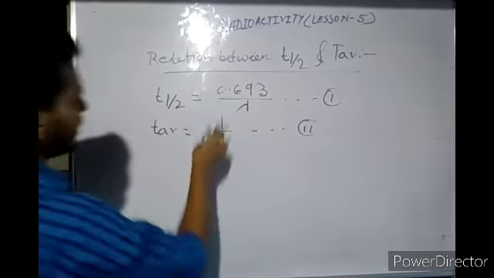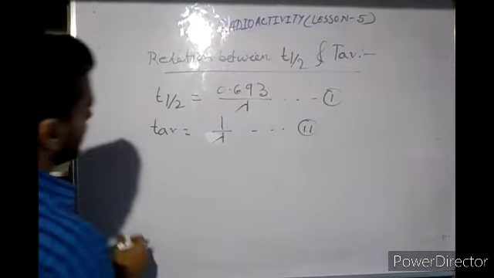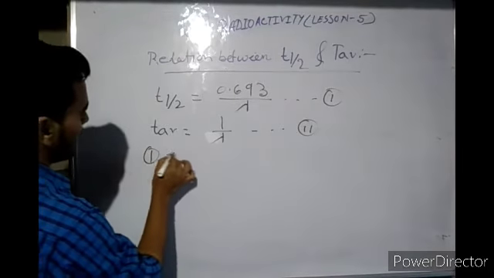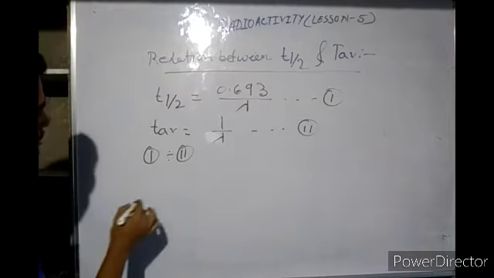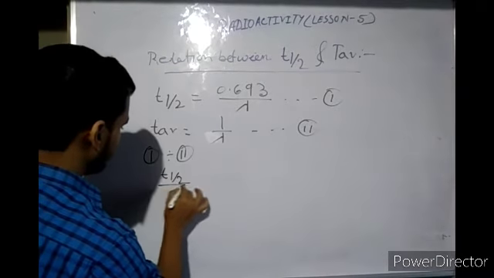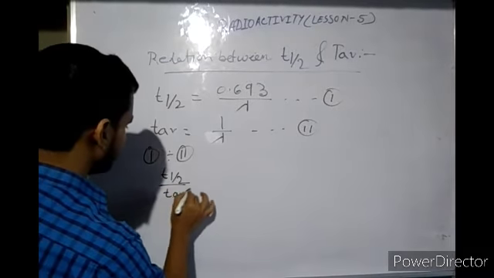If we calculate the relation between them, let's take T half divided by T average.